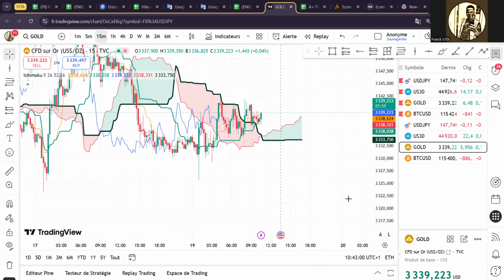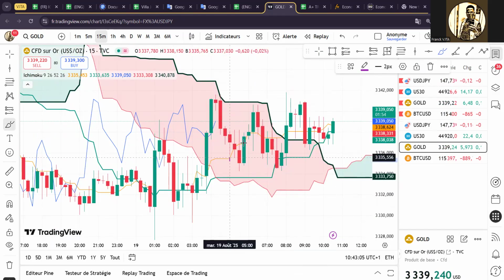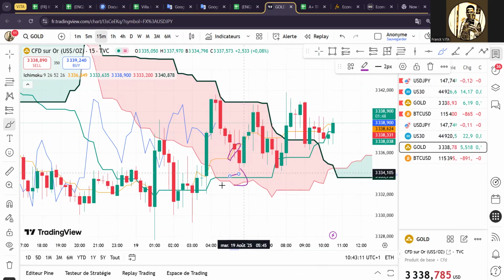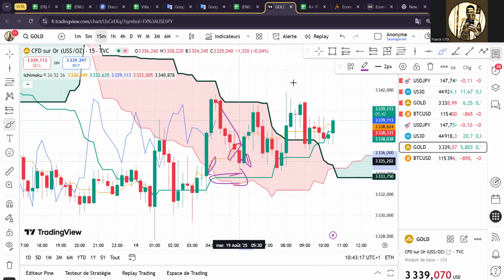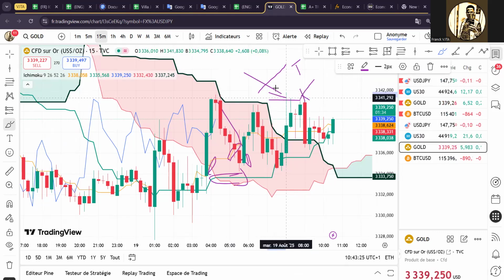I struggled to find a live example, but let's look at this. Tenkan was inclined to the upside here, and Kijun was a plateau. So since Kijun is a plateau and Tenkan is inclined here, Kijun has attracted the price toward it. That's why when you see Tenkan incline and Kijun plateau, the candle will go toward Kijun to meet Kijun, right?